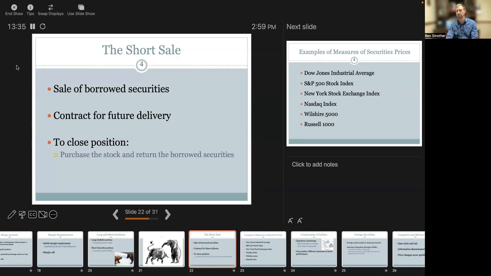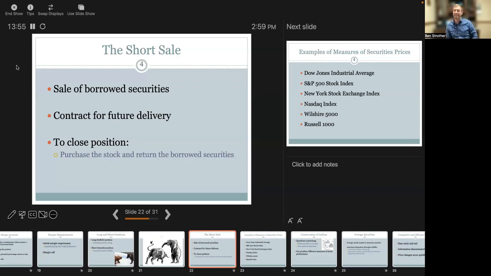Okay, here's how you make money doing that. You borrow the shares of Carnival Cruise Lines from somebody out there who already owns them.